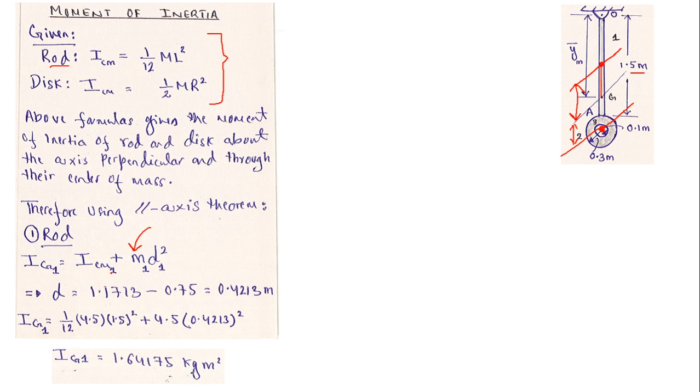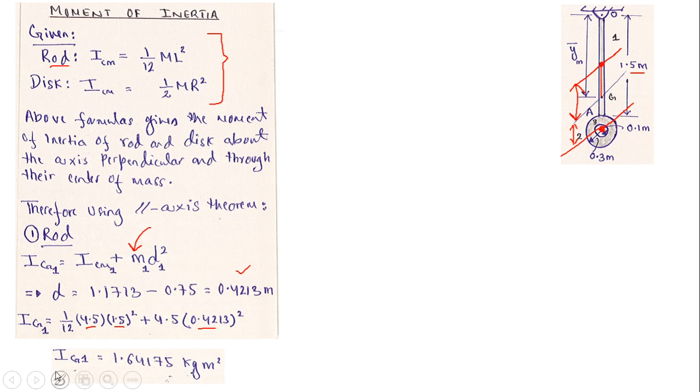So ICM1 will be given by this formula. The mass we have already calculated for the rod in our table, that was 4.5 kilograms, and the length of the rod is 1.5 meters. So 1 by 12 mL squared plus mass, which was 4.5 kilograms, times the distance between the two axes, 0.4213, squared.